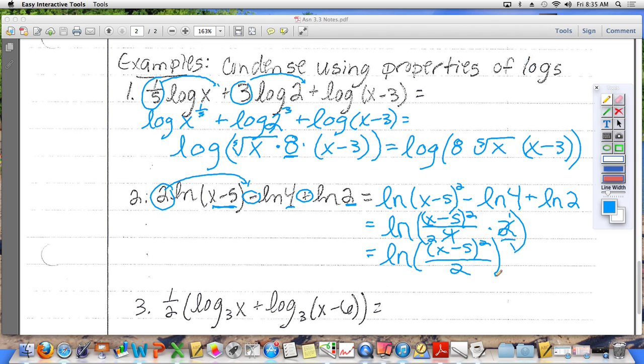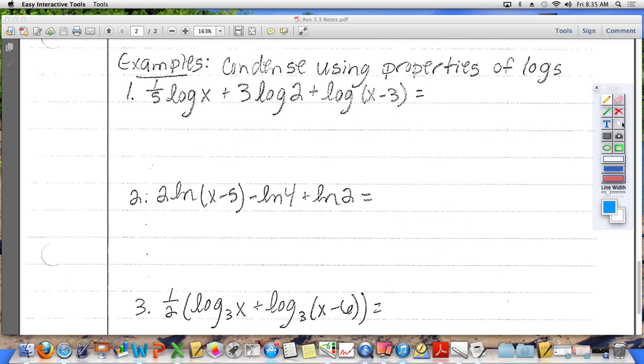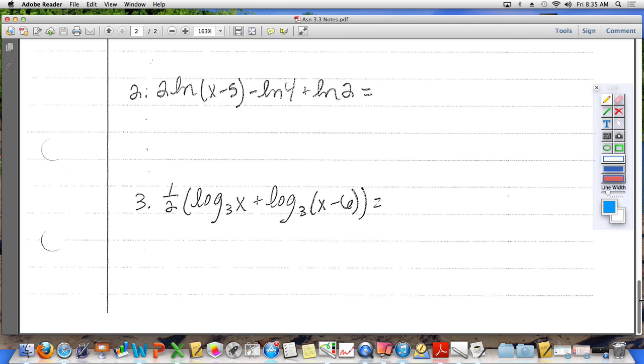Alright, number 3. This might be the last example, I'm not sure. It is the last example. Alright. 1/3 log base 3 of x plus log base 3 of x minus 6. 1/2. Did I say 1/3? Yes. Hey, 1/2. I think I was looking at those bases. So we have 1/2 power. All right.